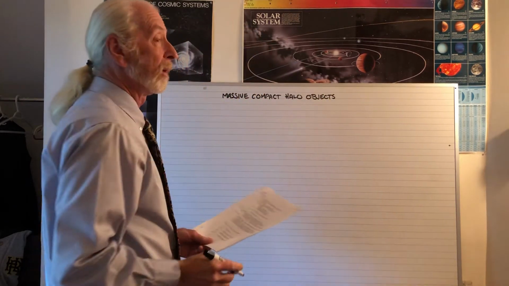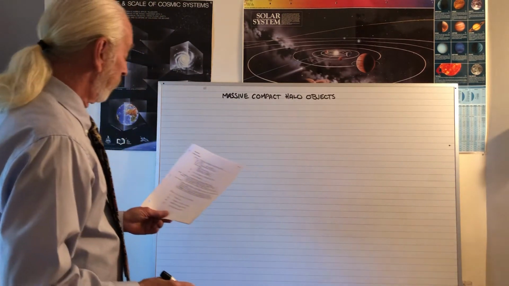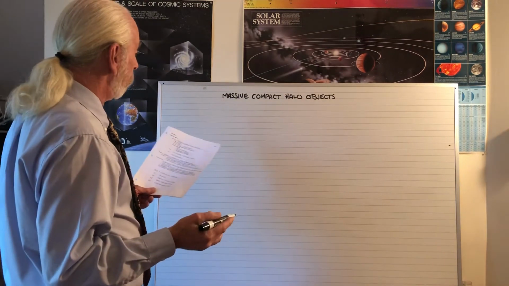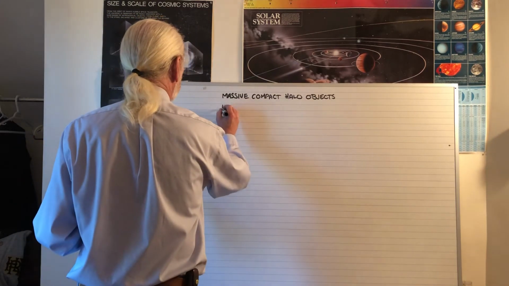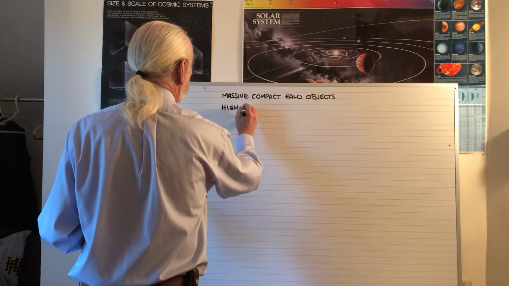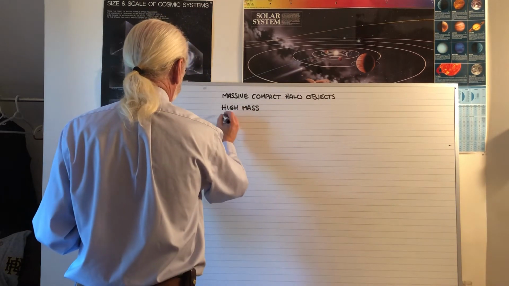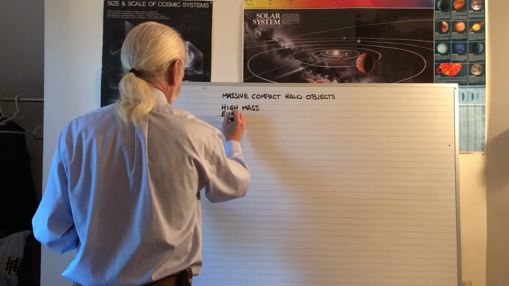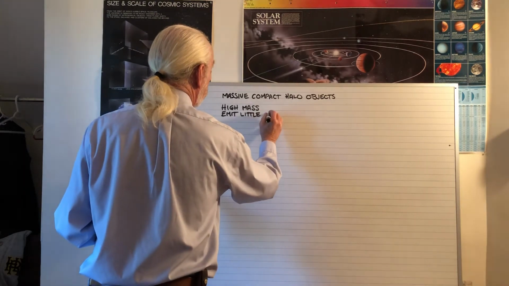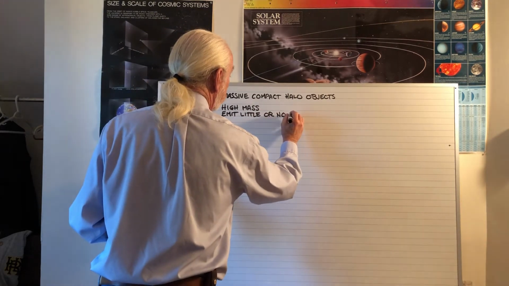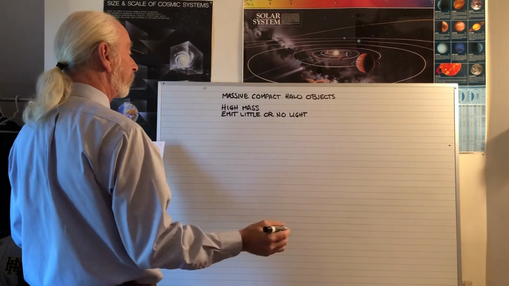Okay, they were hypothesized. It's important to understand the language of science, not theorized, hypothesized. Okay, so what were they supposed to have? Well, for these things to work, they had to have high mass, they had to emit little or no light, and they had to be present throughout the galaxy.